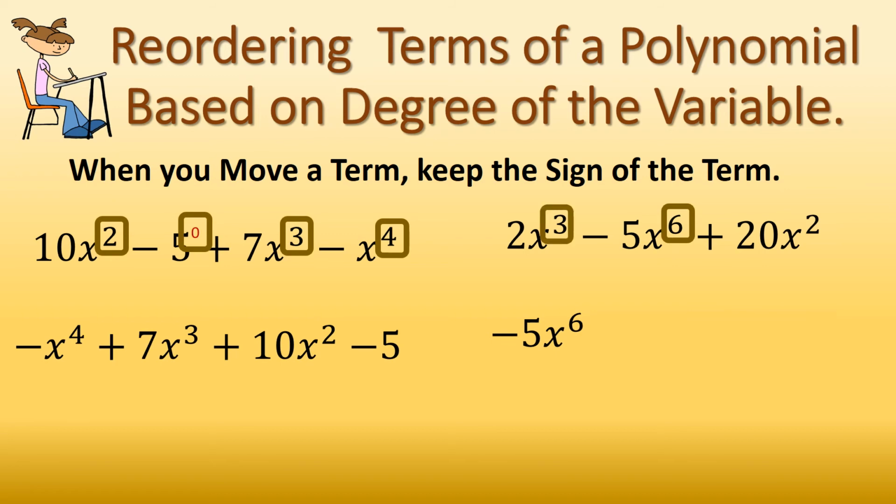There it is. The 2 is positive, so I have plus 2x to the 3rd power. And then finally, I have 2 as my smallest exponent. I write it down. Notice that the coefficient is 20. We don't care. This all has to do with the power of the exponent. That's how you write something in standard form.